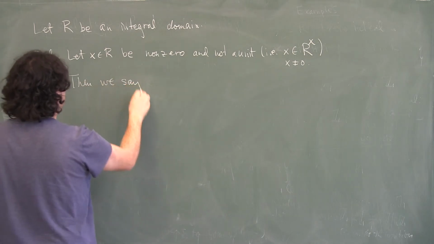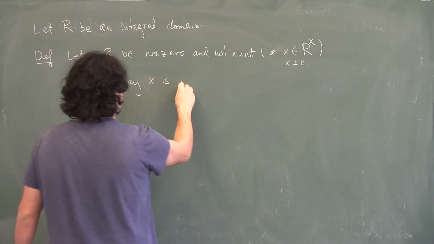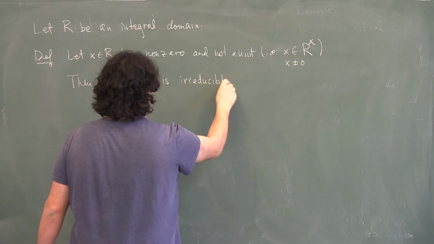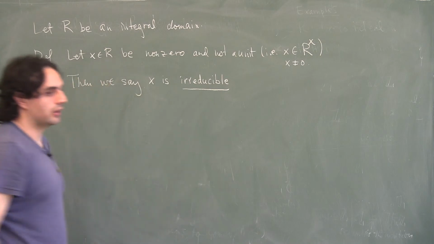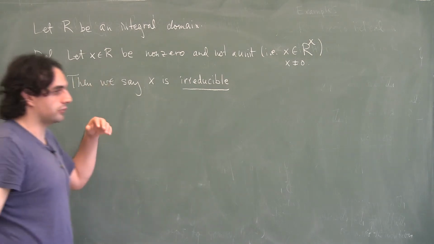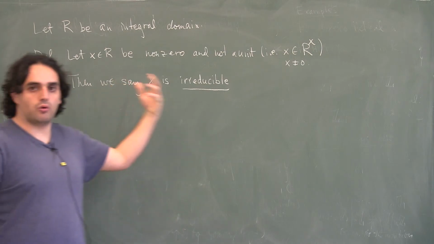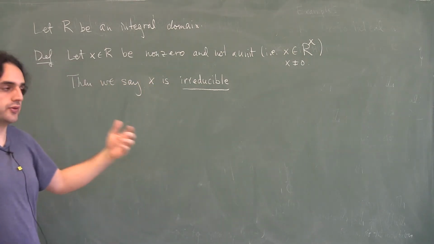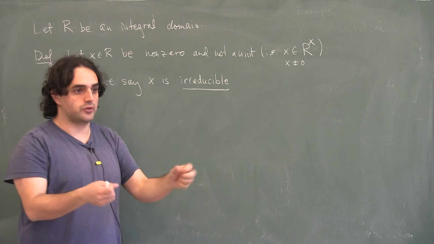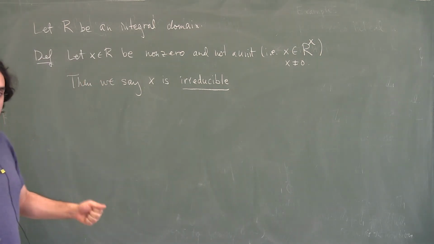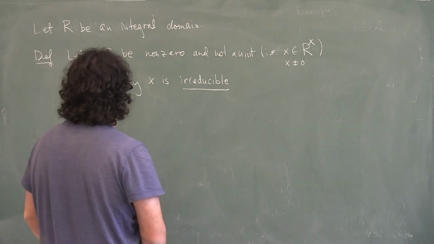we say x is irreducible. We want this to be modeled, in some way, on what we know about prime numbers in the ring of integers, that they are irreducible. You cannot break them down into smaller integers by multiplication.